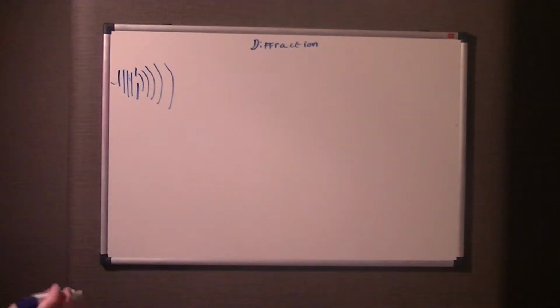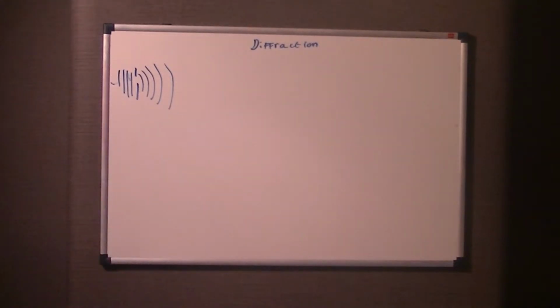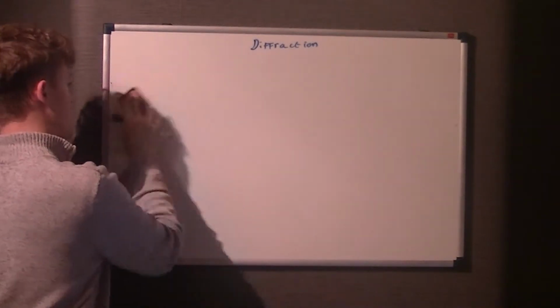So you've got the, I don't know if you can see it on there. Yeah, you can. So the shorter the gap, the bigger the diffraction, and the larger the wavelength, the bigger the diffraction as well. That's just two basic things to help me to get to grips with the single slit diffraction somehow. Just thought I'd introduce you to it.